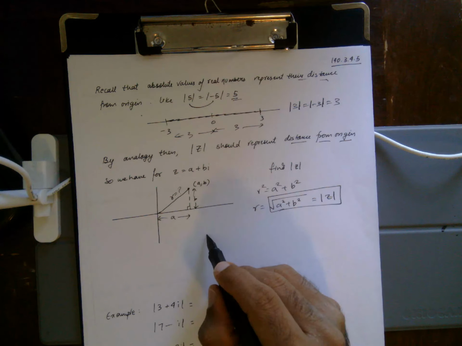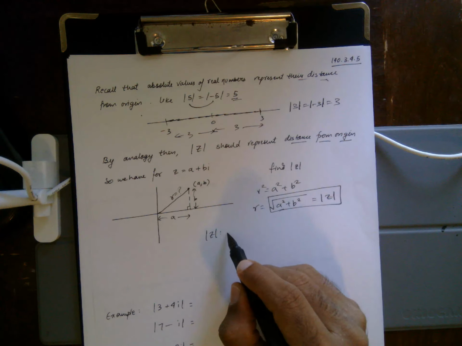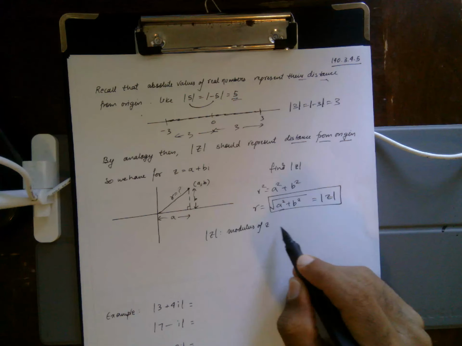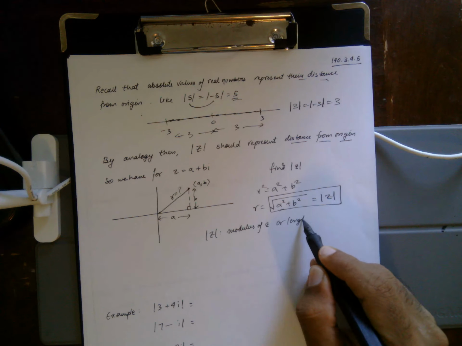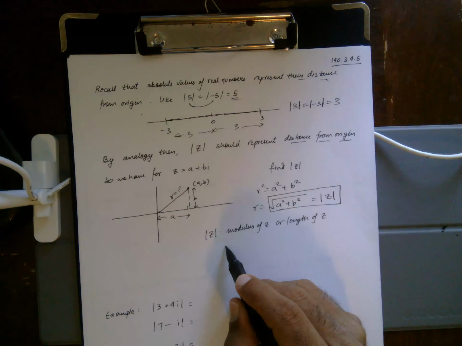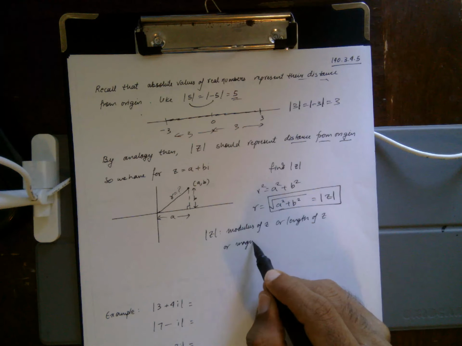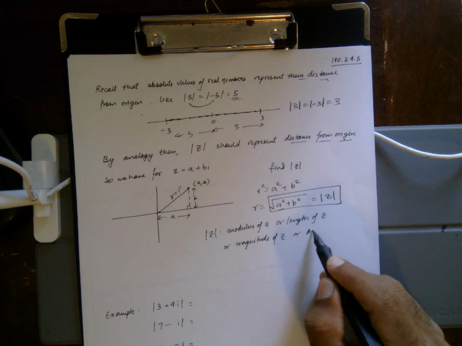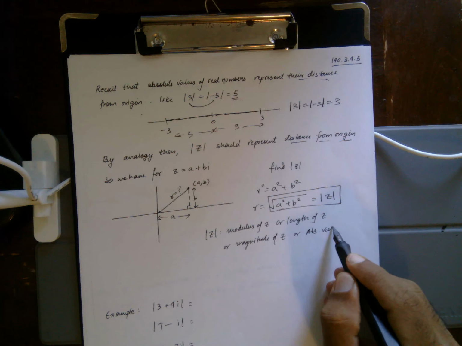We give a special name to this. This is called the modulus of z, or the length of z, or the magnitude of z, or simply the absolute value of z.